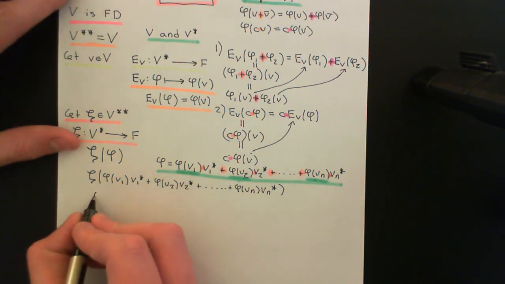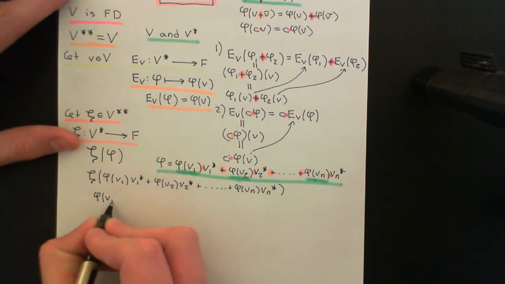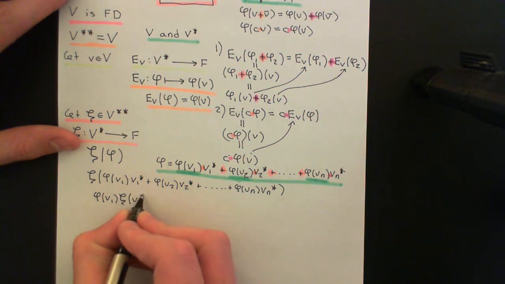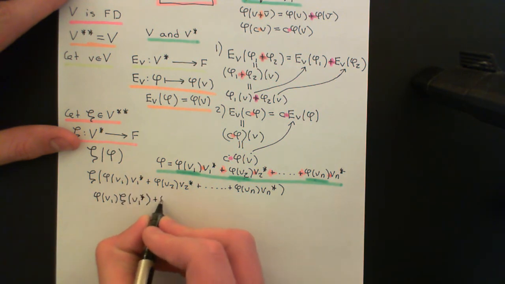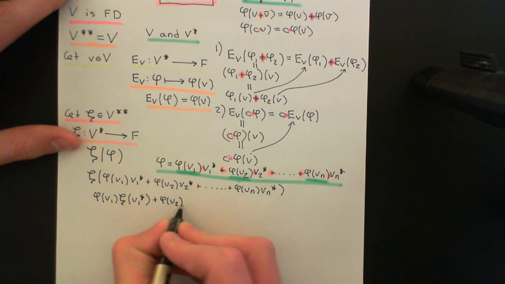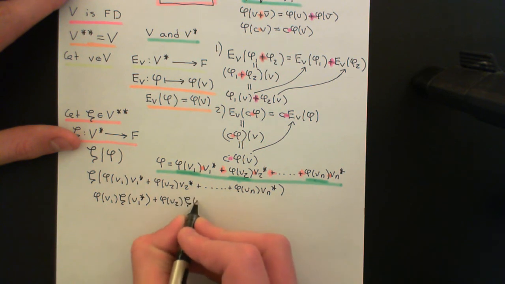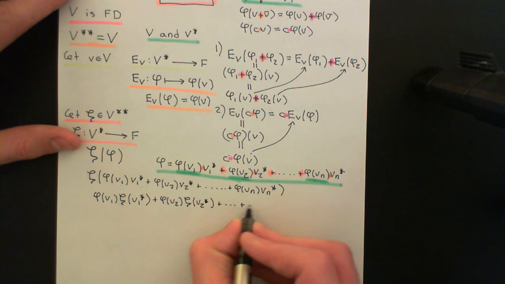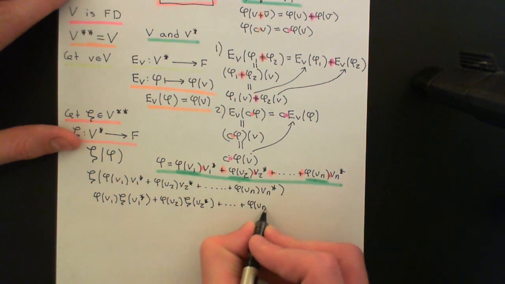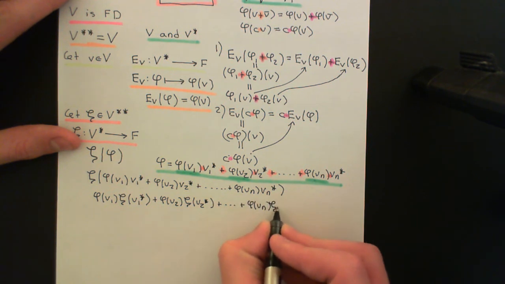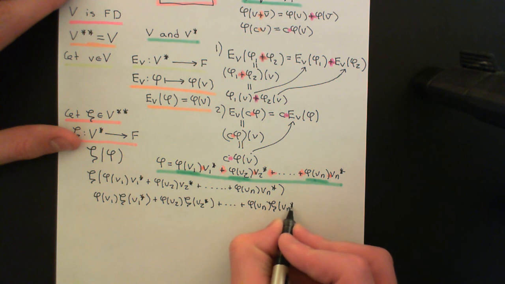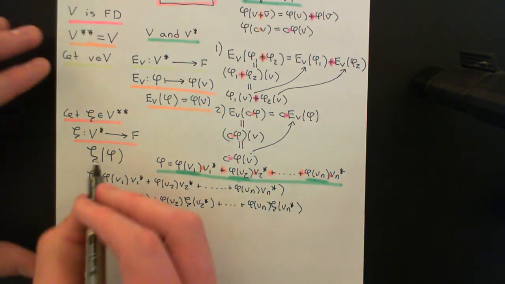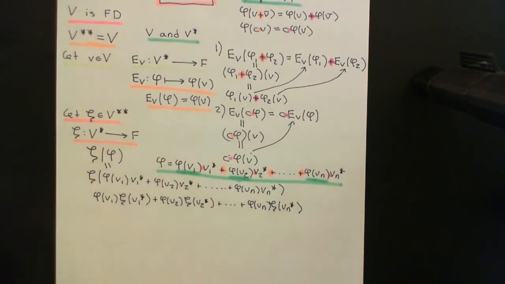So this will end up becoming phi of v1 times zeta of v1 star, plus phi of v2 times zeta of v2 star, all the way along to phi of vn times zeta of vn star. Now let's add a bit of colour on here so that we get this completely straight.